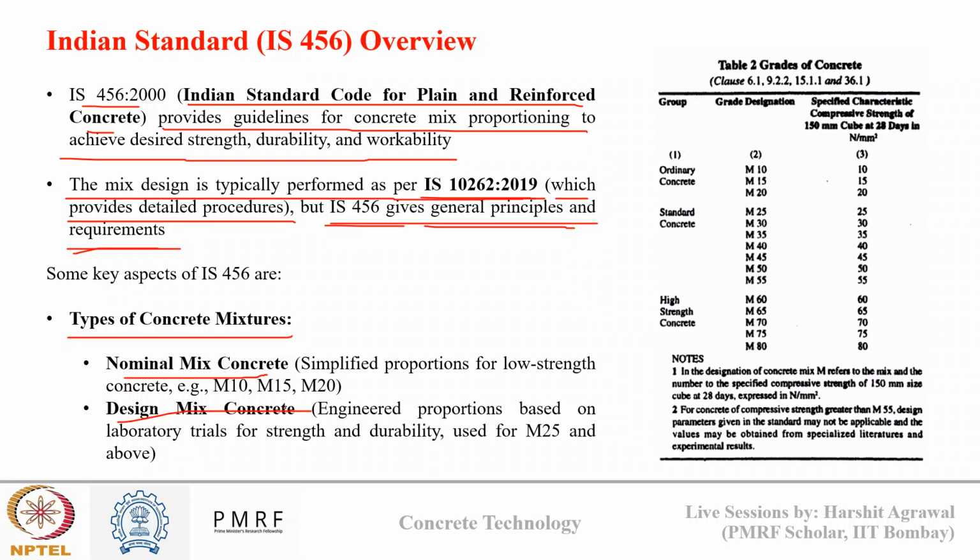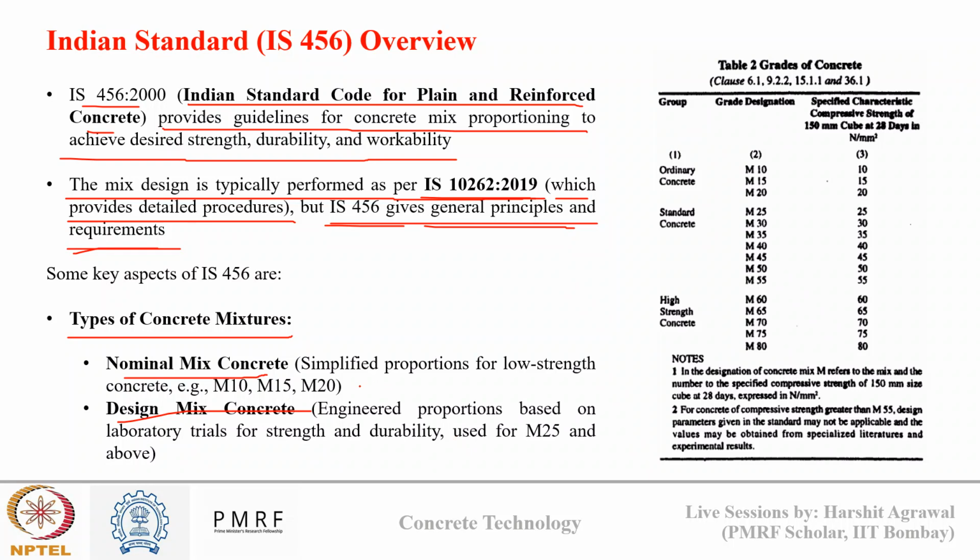Nominal mix concrete includes specified proportions of mixture components for low strength concrete like M10 grade, M15 grade, and M20 grade. While design mix concrete is where we engineer the proportion of individual components through laboratory trials for achieving a particular strength and durability requirement. And this is done for M25 grades and above.